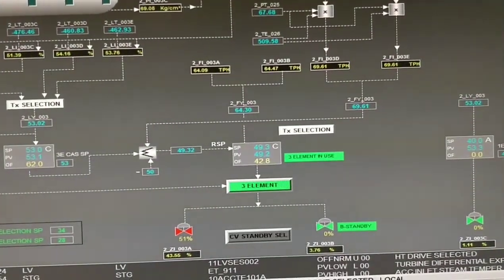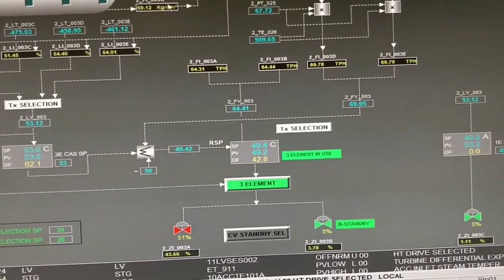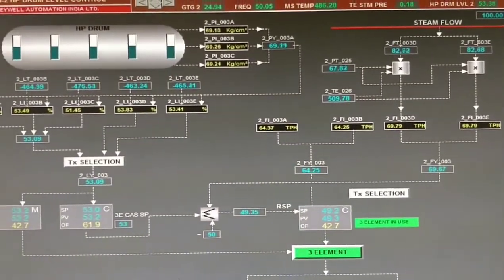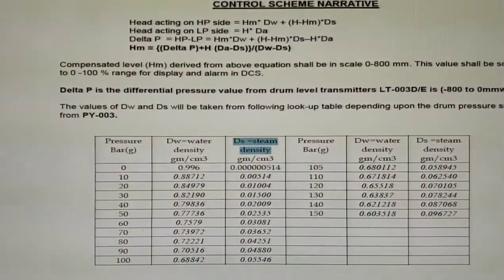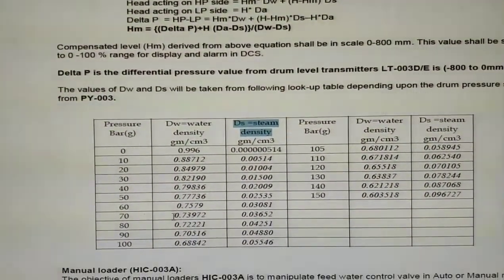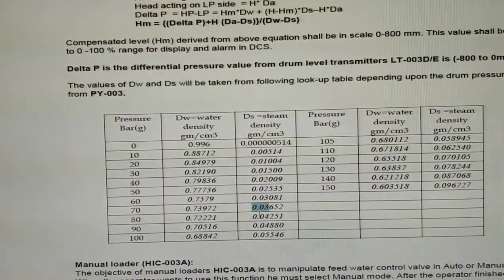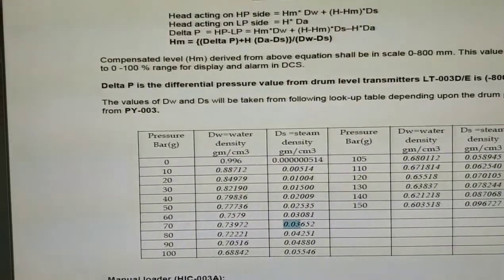So let's say at this particular 70 kg of pressure, the water density must be 0.74 and the steam density must be 0.036.